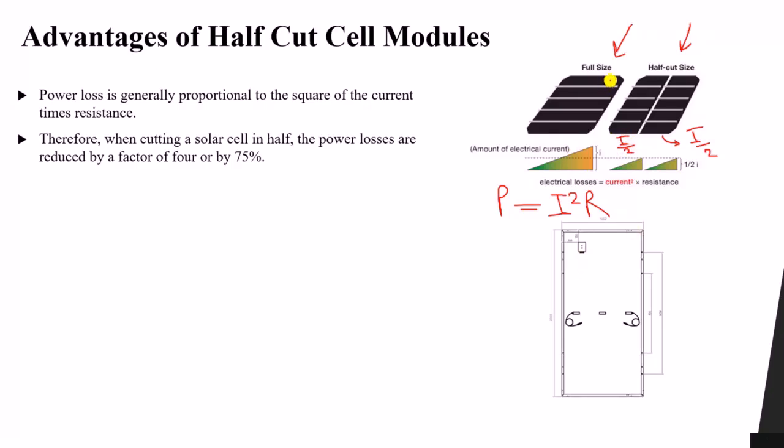So as you can see, we had here the total current I, which is this figure. So the original power losses are I squared R. In the half cut cell, we divide it into two parts, half I and another half I.